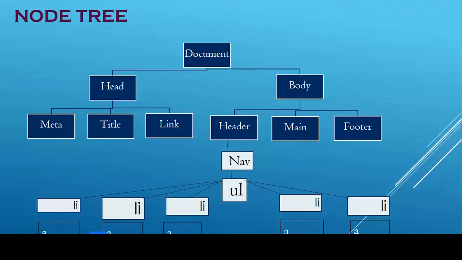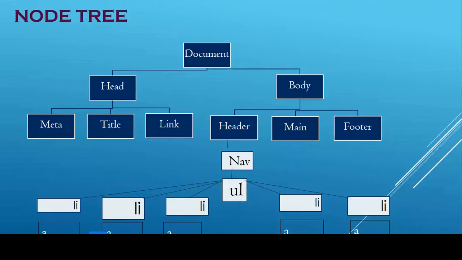In a standard HTML document, you will have an HTML object containing two nodes, head and body. Head holds all the invisible objects like title, meta, scripts, etc., while body holds all the visible nodes.